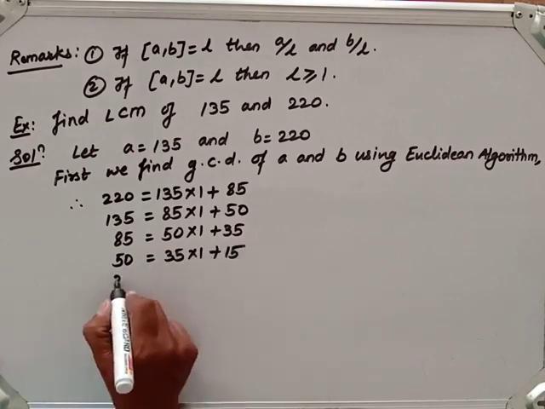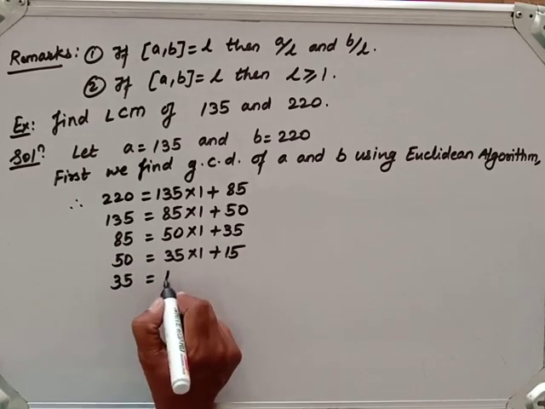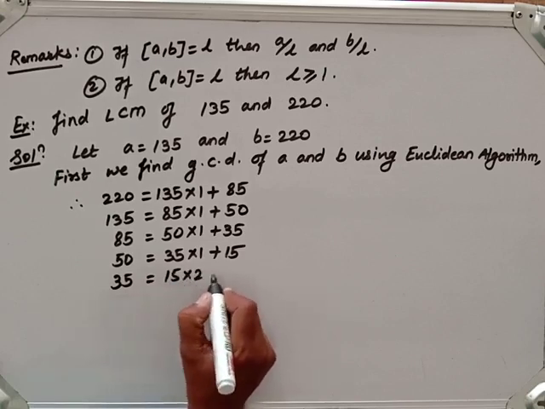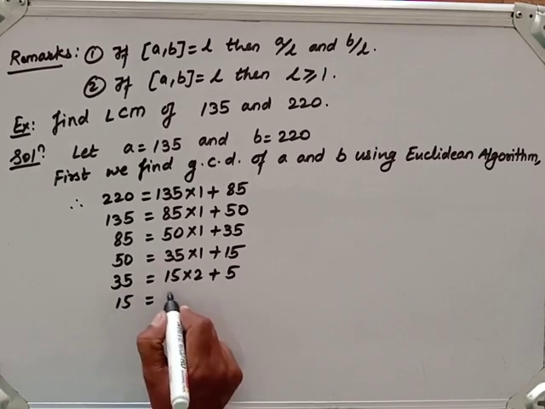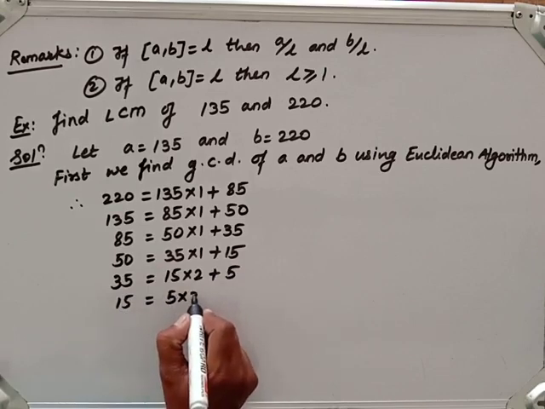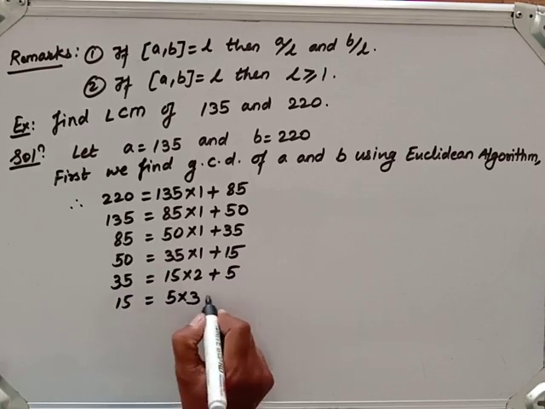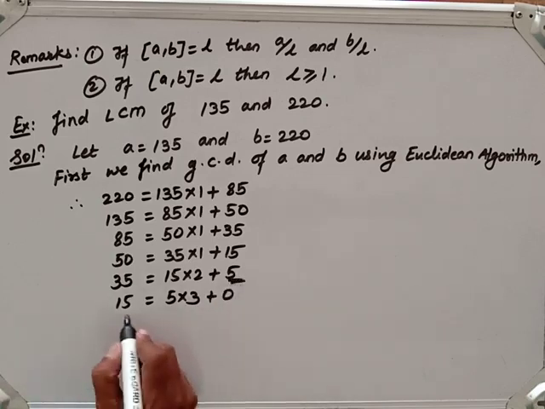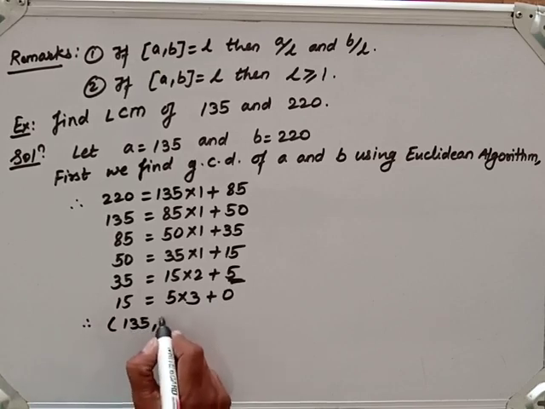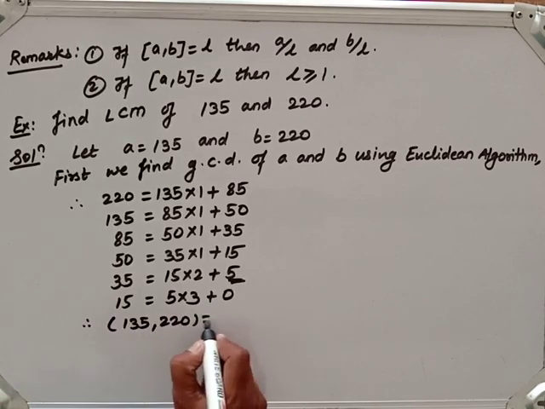Again 35 equal to 15 multiplied by 2 plus 5. 15 equal to 5 multiplied by 3 plus 0. So the GCD is 5.